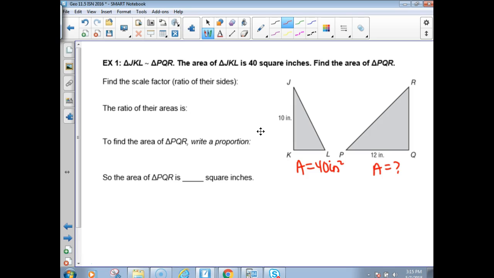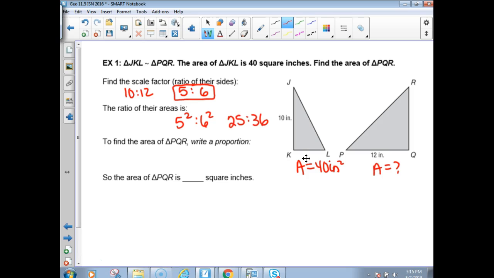Okay, the ratio of their sides, or scale factor, is 10 to 12, which reduces to 5 to 6. The ratio of their areas then would be 5 squared to 6 squared. You can leave it like that, or you could simplify it to 25 to 36.